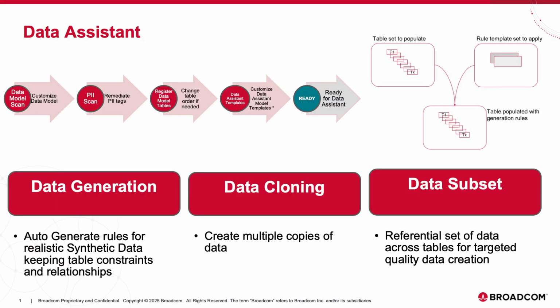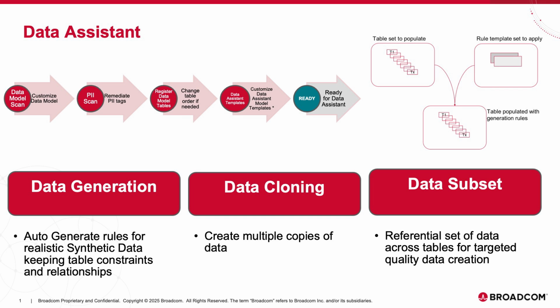Data Assistant is broadly categorized as a two-step process. The first step is prep, which we have tried to keep as simple as we can. It is already the things that you do: you scan your data model, then you scan the tables for any sensitive or PII tags.